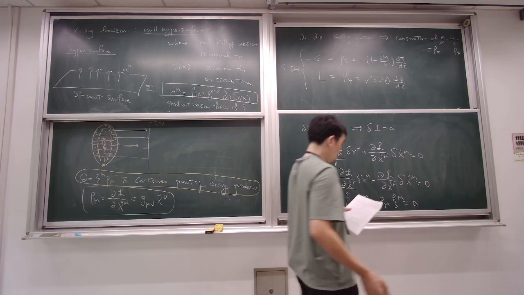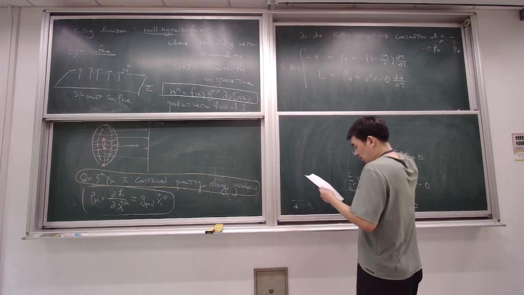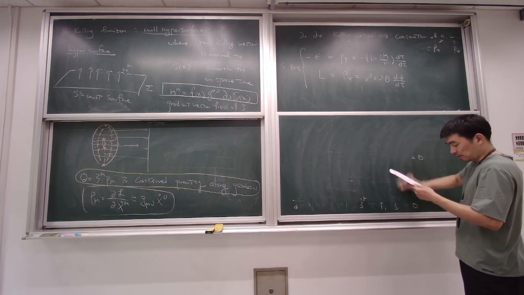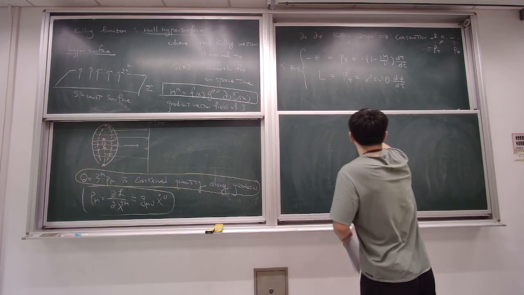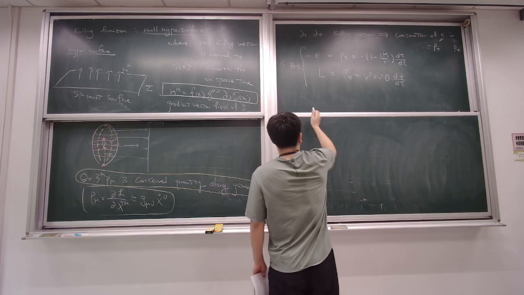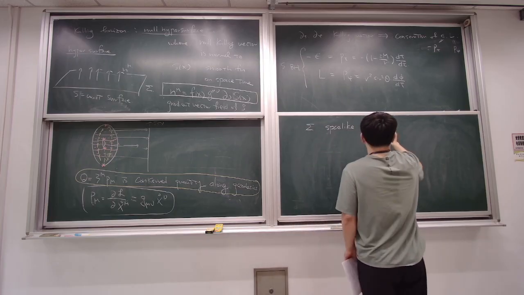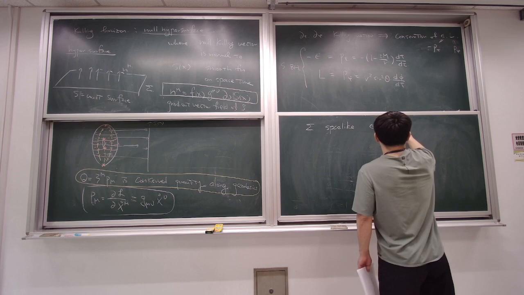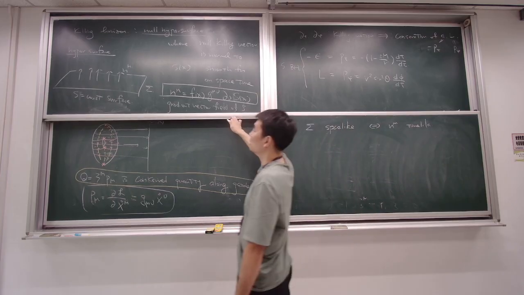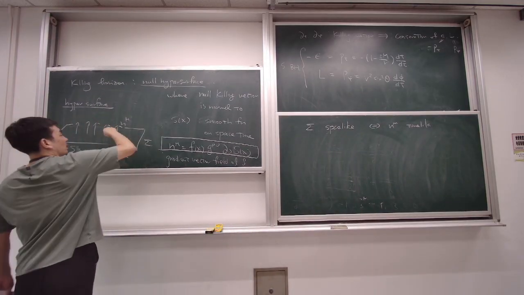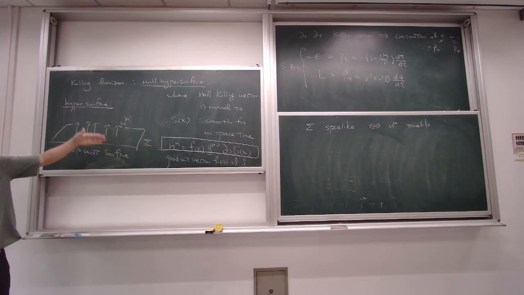But in GR, the space-time is not of Euclidean signature. Sigma is space-like, so this hypersurface is space-like if n mu is time-like, of course. As you can see, n mu is really time-like, and sigma is space-like because sigma is orthogonal to the normal vector.